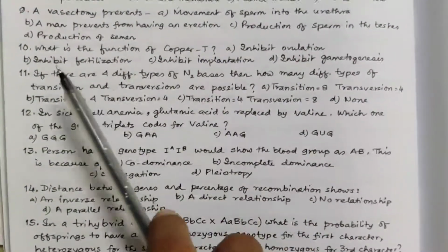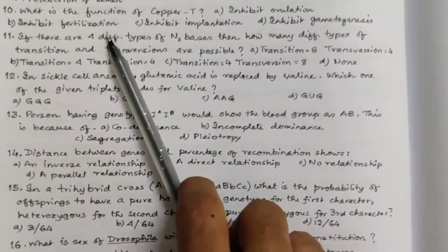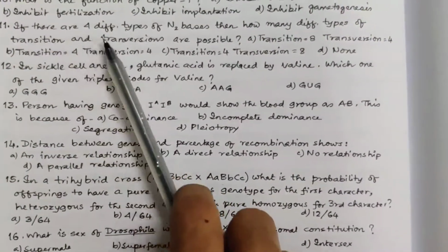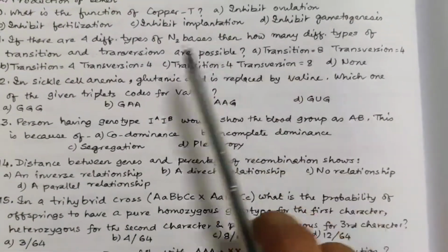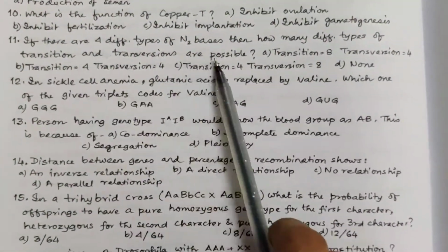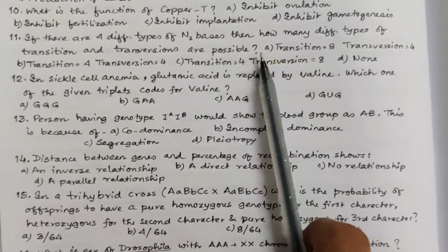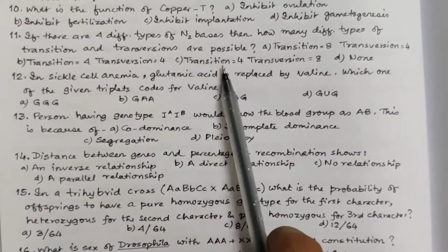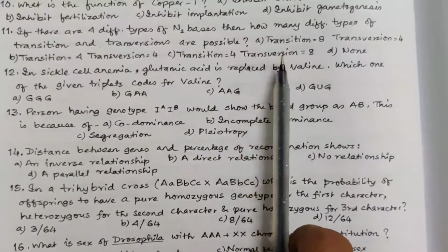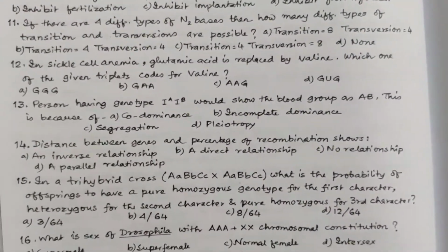Function of copper T is to inhibit fertilization. If there are 4 different types of nitrogen bases, then how many different types of transition and transversions are possible? Transition will be 4, transversion will be 8.